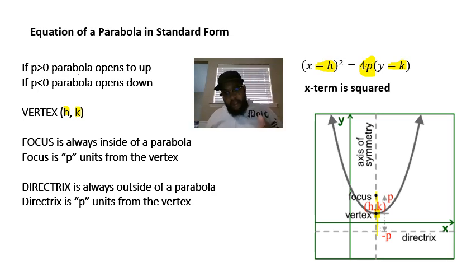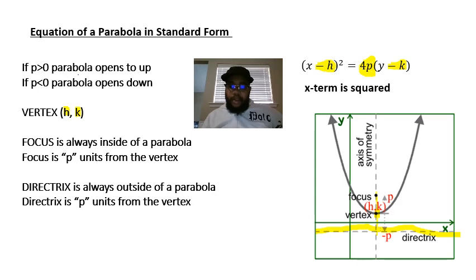Vertical lines are x equals. So when I try to get this directrix right here, I'm not drawing a very straight line, that directrix is going to be y equals the k portion, but minus p.